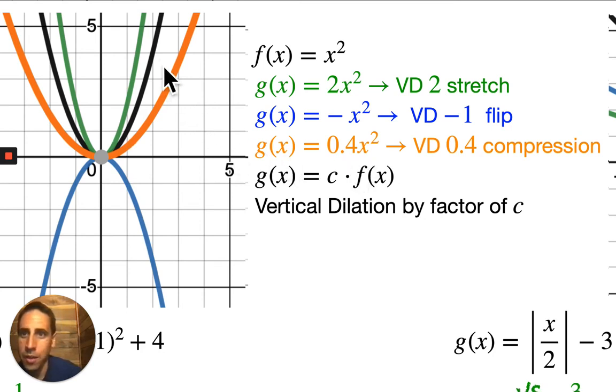Here's a y value of 4, and you multiply it by 0.4, it comes down to 1.6 down here. The vertical dilation is a compression of 0.4. So stretch, flip, and compression, those are the three kinds of dilations. And we just say the formula would be g of x is equal to c times f of x. That means it's a vertical dilation by a factor of c.